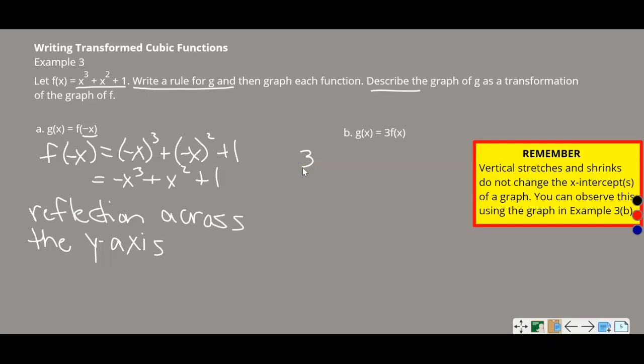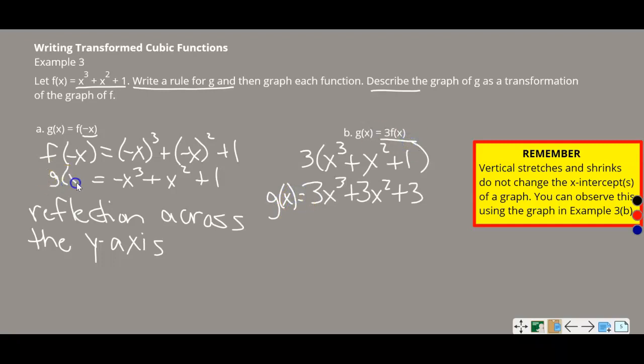So we're going to have 3 times x cubed plus x squared plus 1. All we have to do is the distributive property. So 3x cubed plus 3x squared plus 3. And that's going to be our g of x, or 3 times f of x.